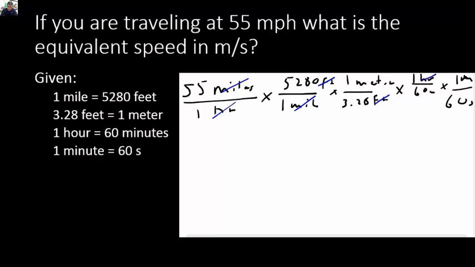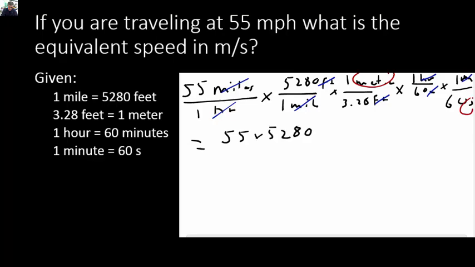My hours cancel. Remember, this is a fraction. It doesn't matter this far away. They're all multiplied together. One's on the numerator, one's the denominator. They still cancel. And I'm left with meters and seconds. All right. So now I can multiply this across.